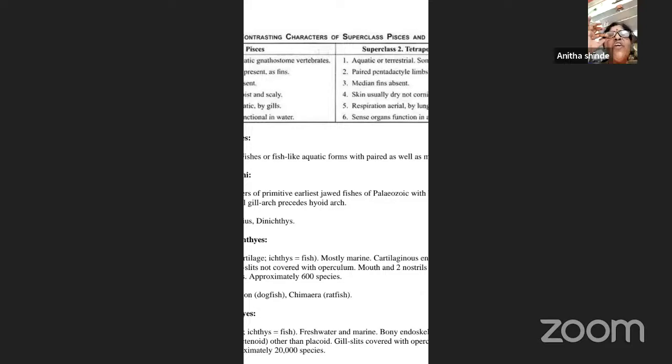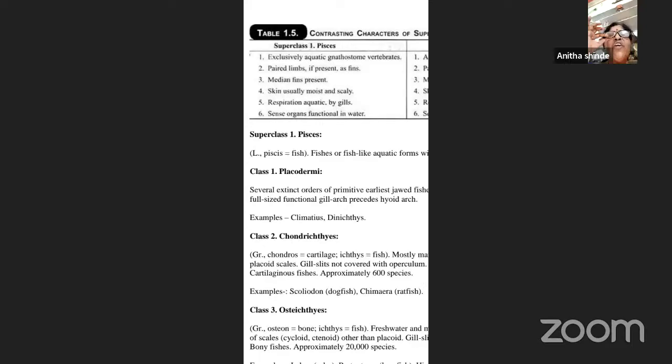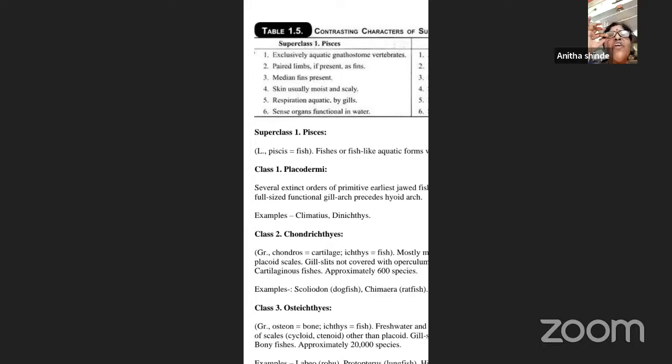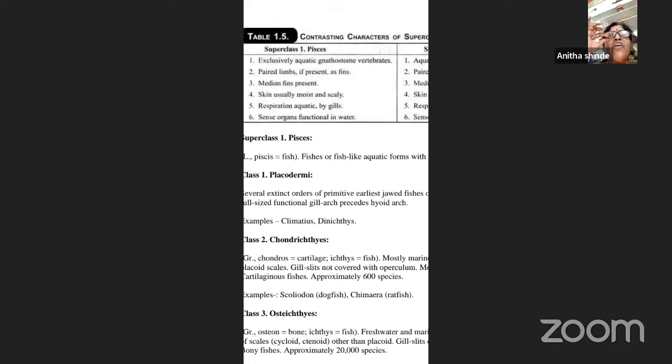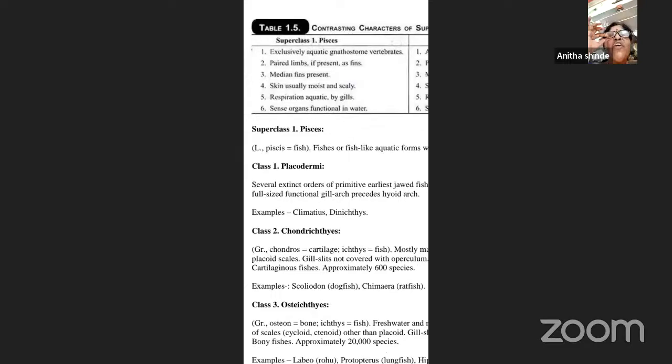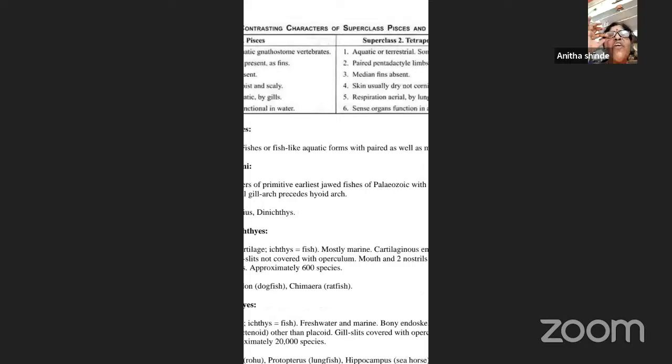The skin in Pisces is usually moist as well as scaly, whereas in tetrapods it is usually dry but not cornified, without scales. In Pisces respiration is by gills, whereas in tetrapods respiration is aerial and occurs by the lungs. And in Pisces the sense organs are functional in water, whereas in tetrapods the sense organs are functional in air. So this is the difference between Pisces and Tetrapoda.